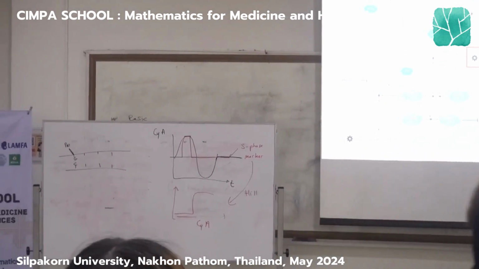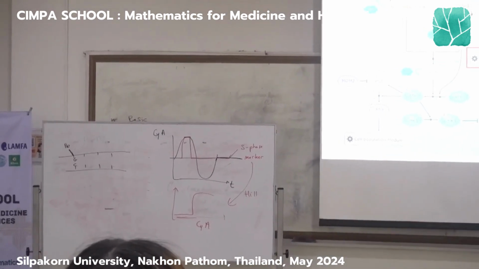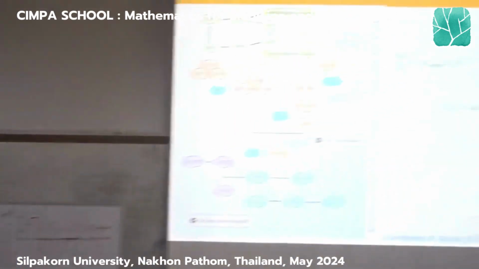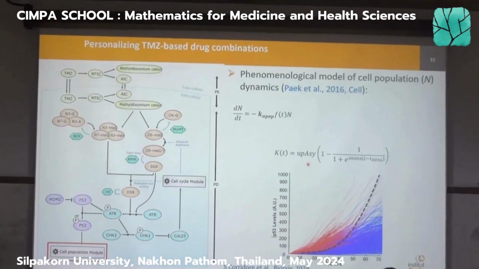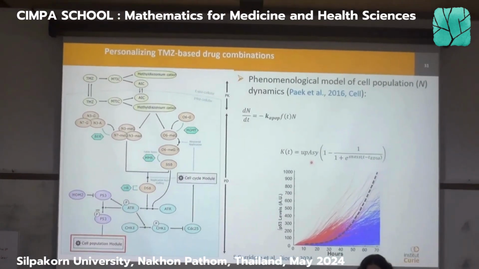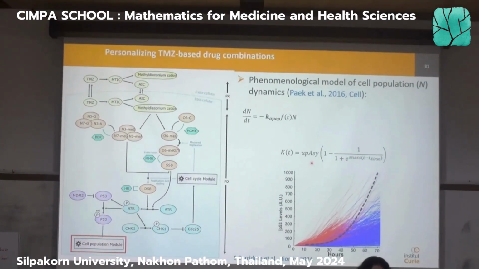The cell population model. Okay, so if you look at the first equation here, this is something that you should recognize. What we say is that in terms of cells, they cannot grow because we know that the drug stops the proliferation, but they can only die.